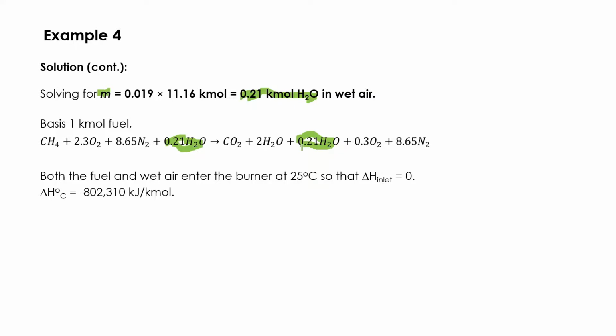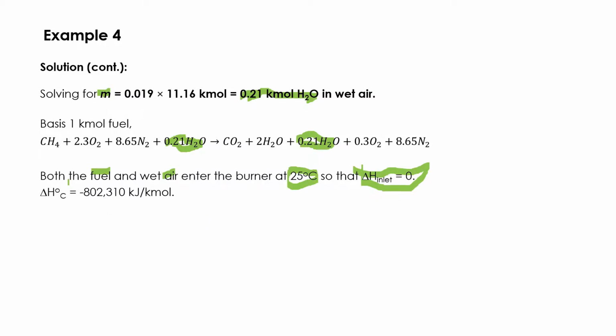Then we go for Hess's law. First of all, delta H1 is equal to 0 because both fuel and air enter at standard temperature. So delta H inlet equals 0. Sometimes we write it in the equation as delta H1.